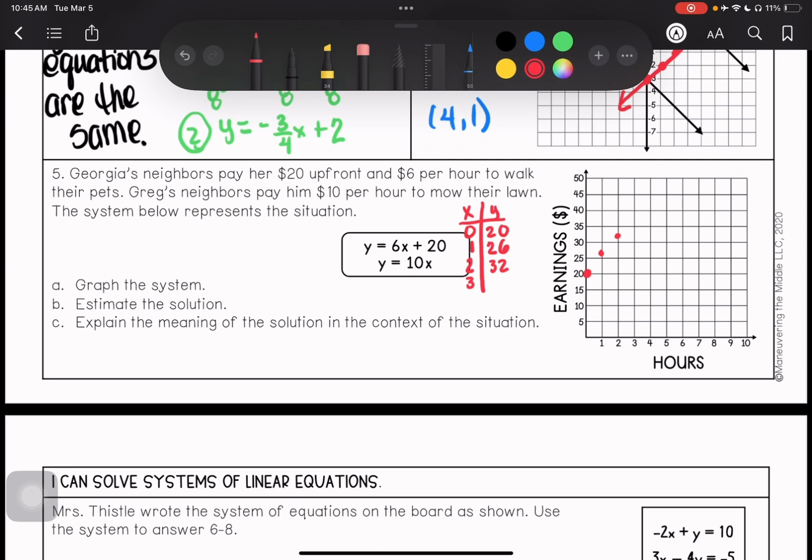When x is 3, 3 times 6 is 18, 18 plus 20 is 38, which is about right here. When x is 4, 4 times 6 is 24, 24 plus 20 is 44. So that's (4, 44), which is about right here. And then when x is 5, 5 times 6 is 30, 30 plus 20 is 50. So that's (5, 50). So we're going to draw a line right up here.